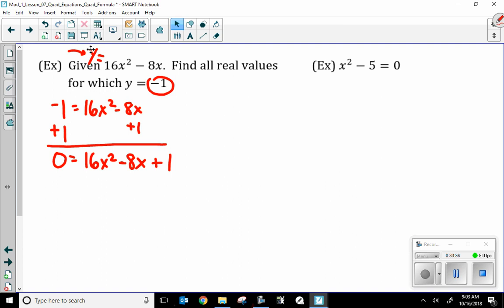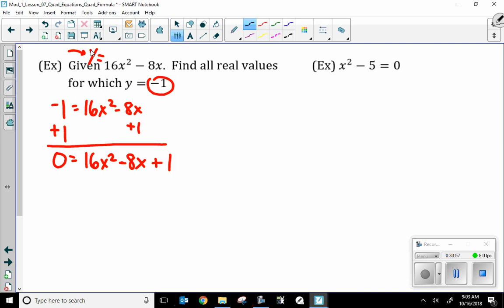Now, to me, that looks like it might be a perfect square solution. But let me do that anyhow. Let's see what this ends up being if we use the quadratic formula.